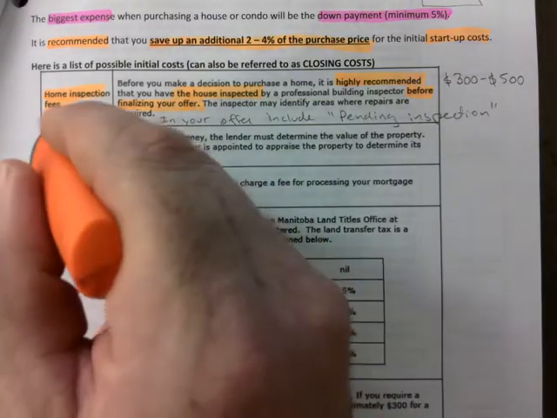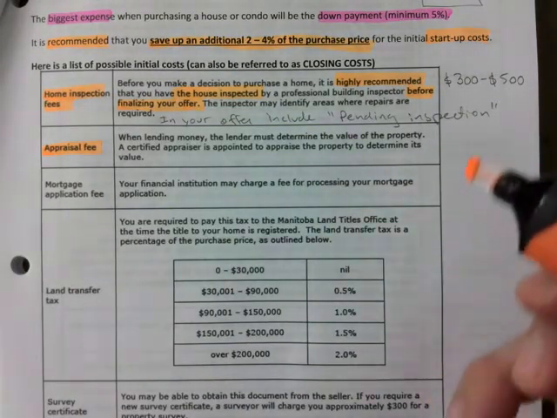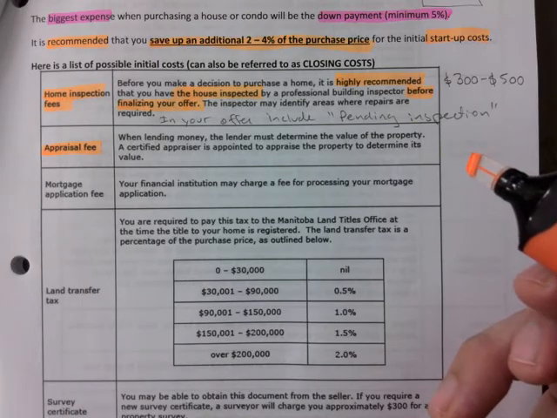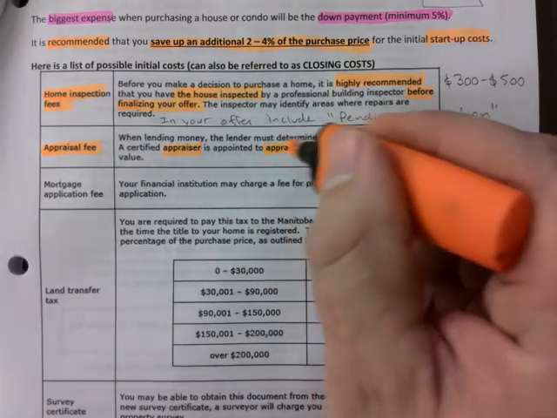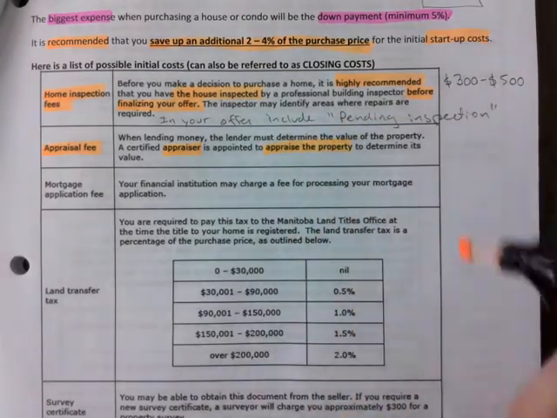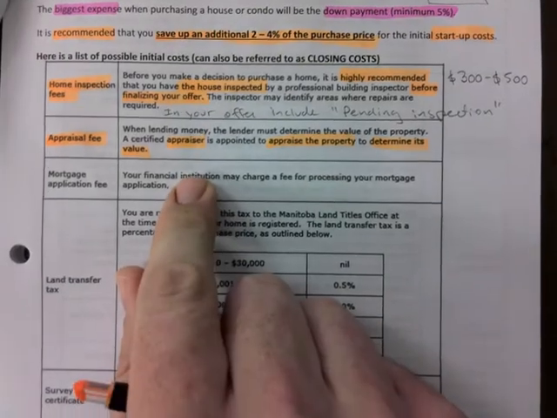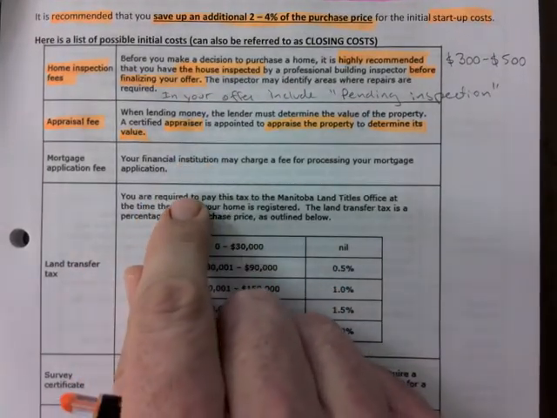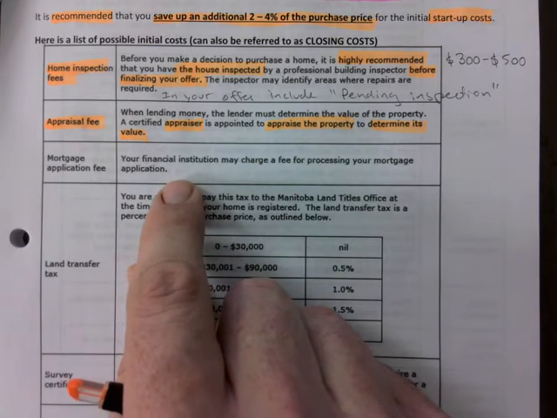Another one you might encounter is an appraisal fee. An appraiser is appointed to appraise the property to determine the value. Sometimes because the housing market has been going up like crazy, people were overpaying by like 60, 70, 80, sometimes even 100,000 over asking price.